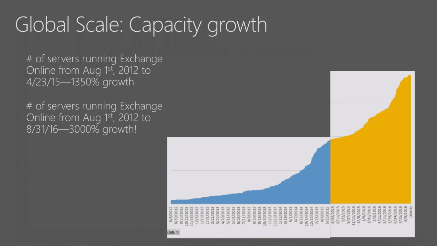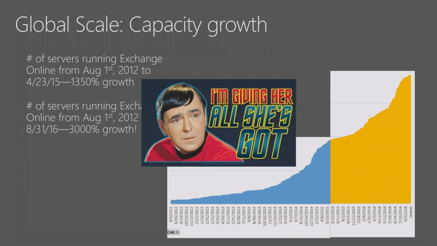And yet, at the same time, because we had slowed down a little bit in getting to production, we had a lot of pressure coming from the senior leadership team to go faster and faster and faster. As Scotty would say, "I'm giving her all she's got, Captain." It was an incredible experience as we continued to do so.